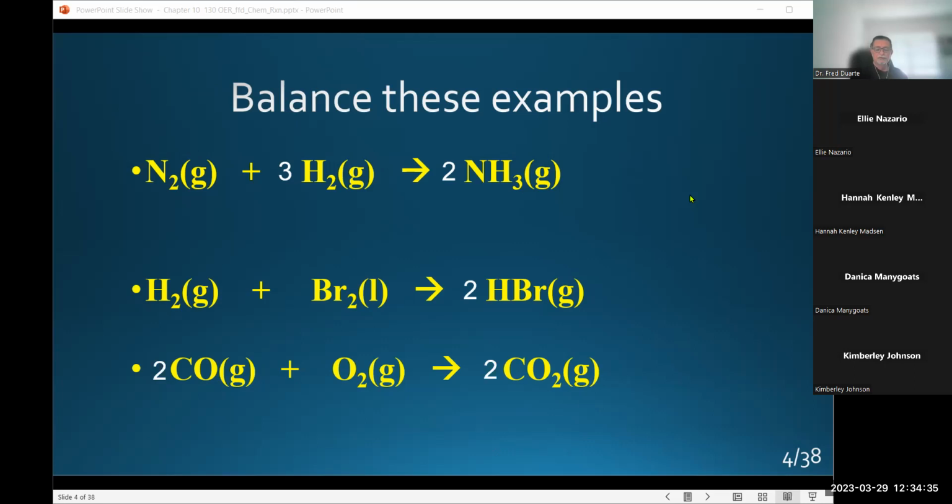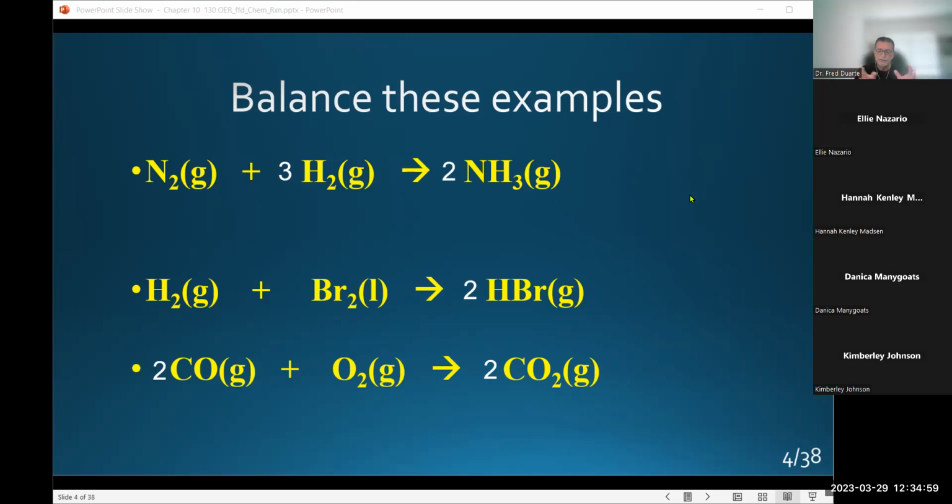So those are some examples where you're given the formula, and all you have to do is balance them. The examples we work with are fairly small. They're not very complicated, by which I mean many reactants coming together as big molecules. So we can do trial and error and play with numbers until we get a balance.